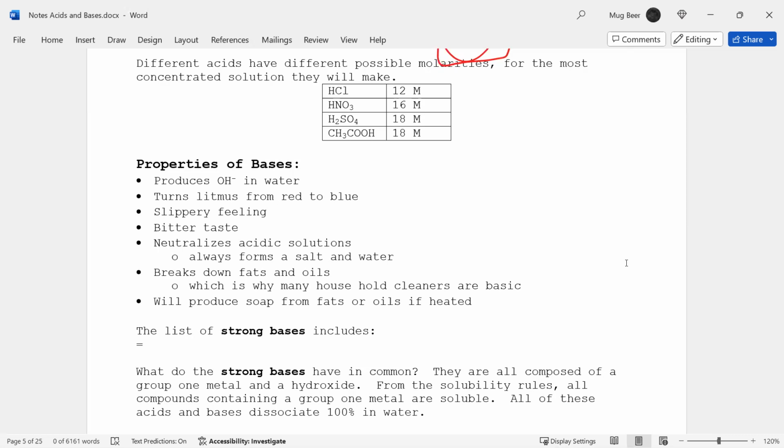Does anybody know why it feels slippery? You guys actually did the chemical reaction to prove that it does feel slippery last quarter. You made something, a common something or other. You made soap. So what's on the exterior of your skin?